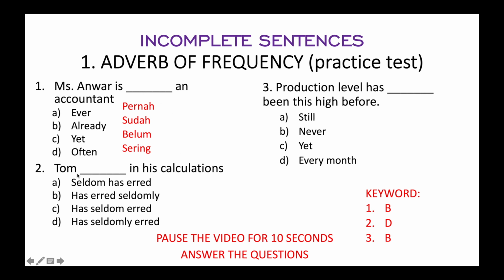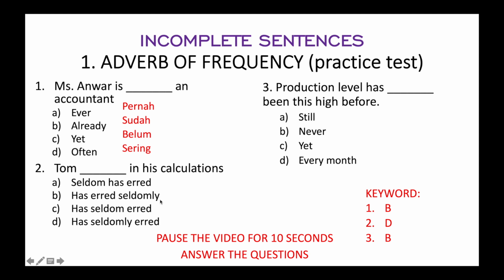Now, the second one would be Tom blah blah blah in his calculation. Pay attention that it should be placed after the auxiliaries. The auxiliary itself is has. So A is wrong. After has, it should be the adverb. So has seldom or has seldomly.